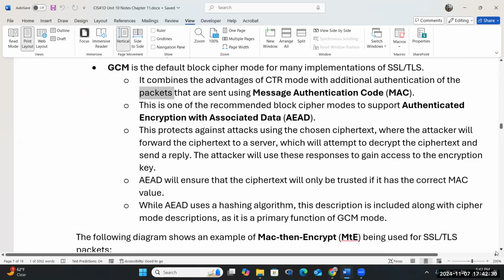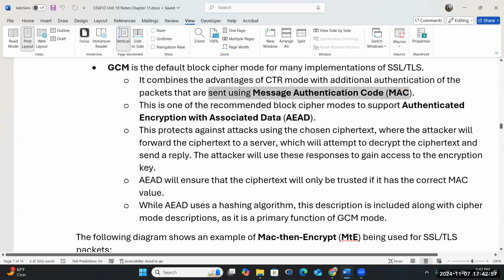So here it talks about how you can use this to protect your data, right? They would try to forward the ciphertext to the server and attempt to decrypt that. And so the system is going to try to decrypt that and send a reply. And they would use the reply to be able to gain access, because remember that this is through the packet authentication.